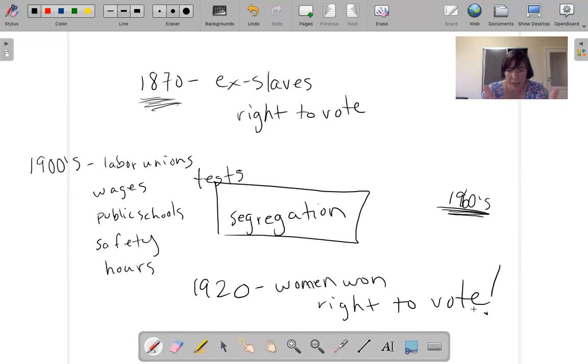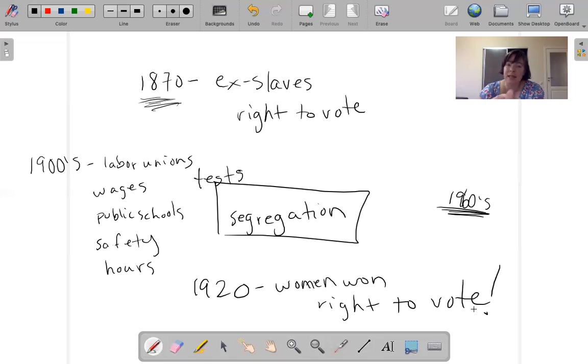This lecture right here was about how societies changed in the different countries. So what I really want you to know, and what's going to be really important, is that you need to be able to tell me how things changed in Britain during the industrial age, how they changed in France in the industrial age, and how they changed in the United States in the industrial age.